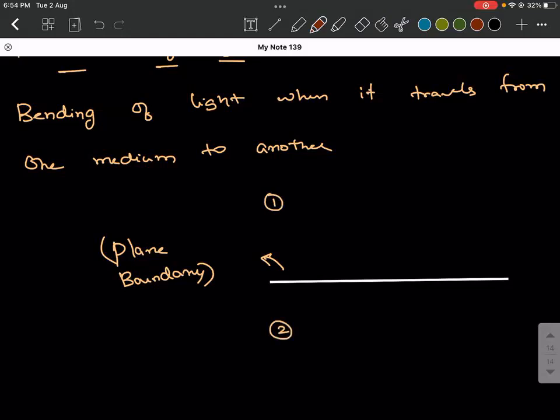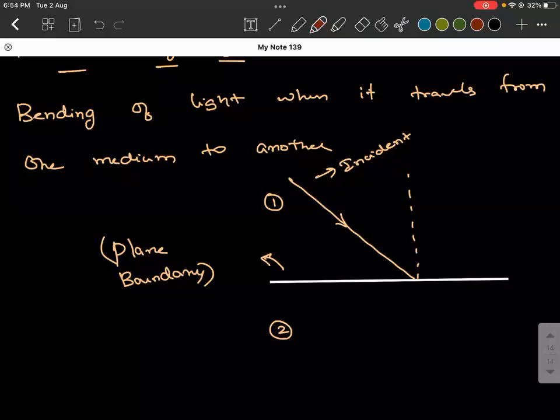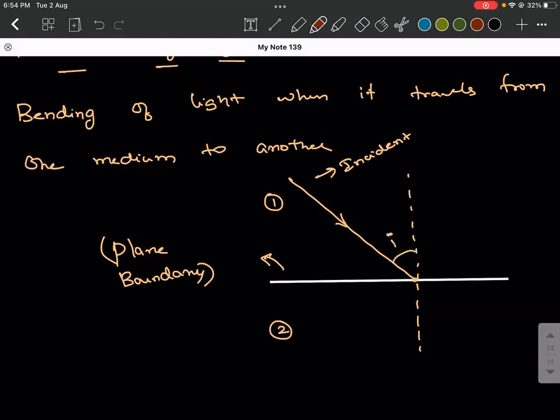When I say medium 1 and medium 2, they have different optical properties. What are those optical properties? I'll come to it slowly. Let's say there is a light ray which is incident on the boundary. If I take this to be the normal at the point of incidence, then this angle is called the angle of incidence.